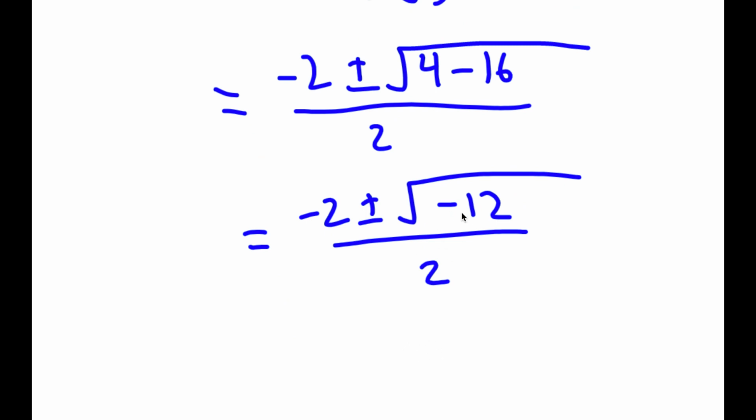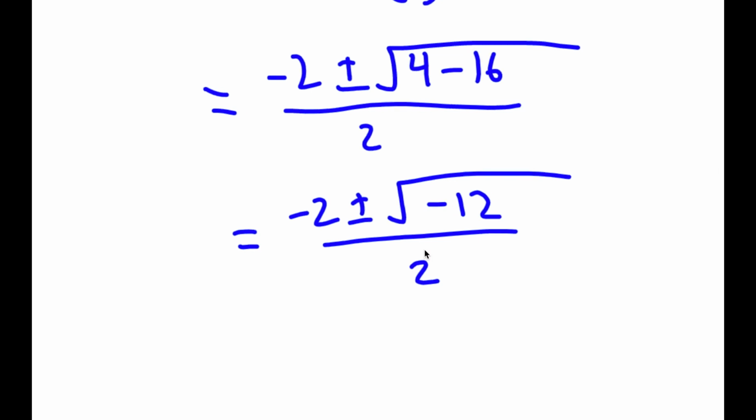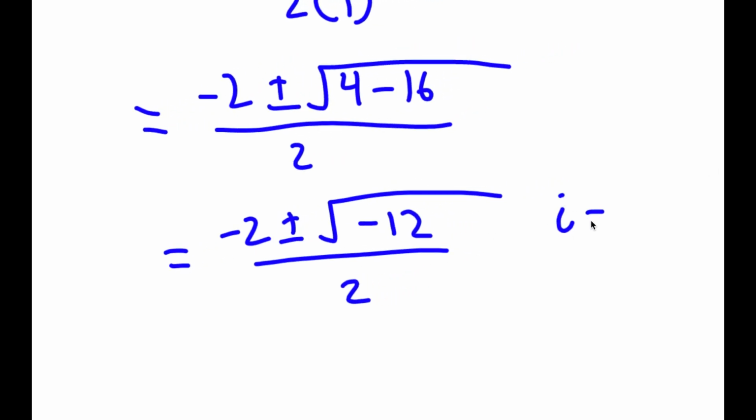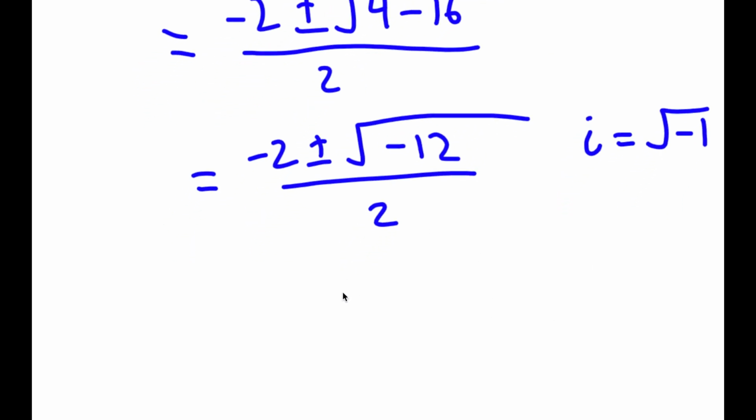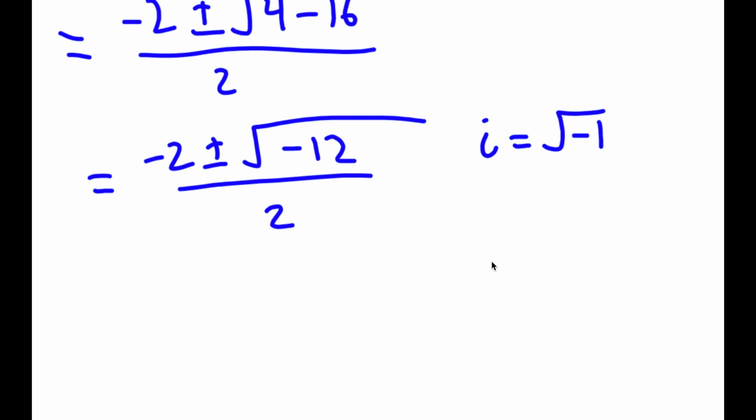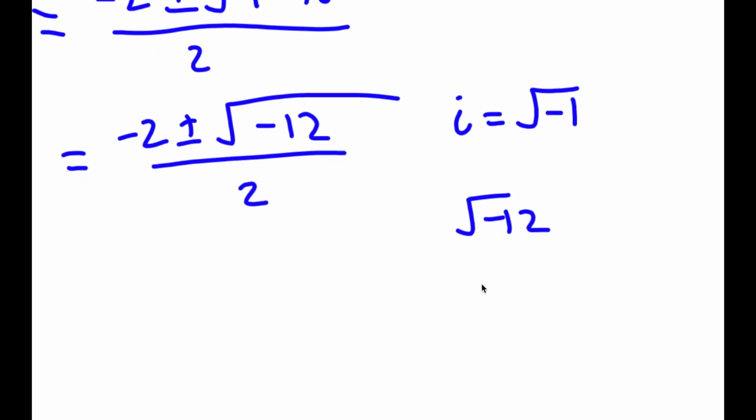Now the square root of negative 12, I know that a lot of you out there think that the square root of negative numbers is not possible, but that's where i comes in. The square root of negative 1 is i. So the square root of negative 12, well, 12, this is equal to 4 times negative 3.